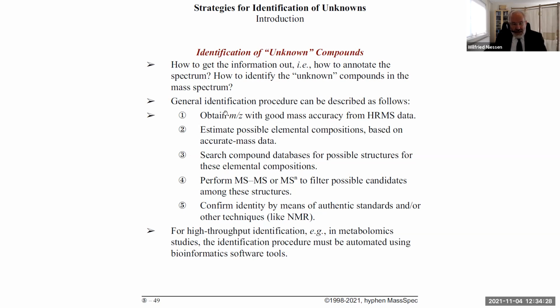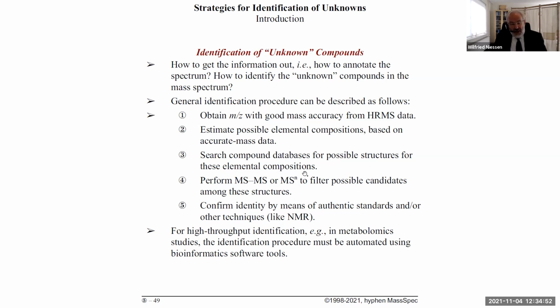I get M over Z with good mass accuracy using high resolution mass spectrometry, which I use to estimate possible elemental compositions from this accurate M over Z. Then I will search compound databases to find possible structures for these elemental compositions.